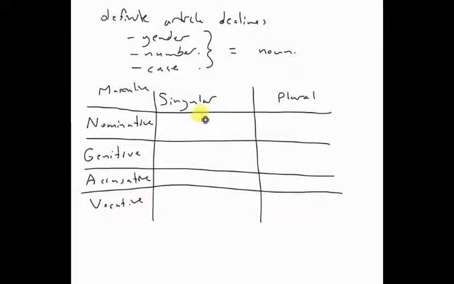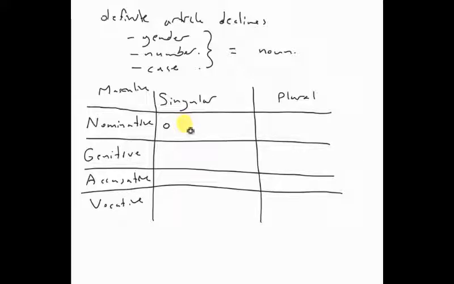So now we have a chart. We have the masculine nominative singular here. And the definite article for masculine nominative singular is always going to be o. So this means the, if your noun is going to be in the masculine nominative singular. And we're going to just cover the basic noun person.